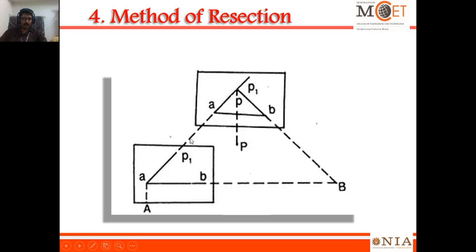So already we have drawn this ray, the AP1, and we have centered approximately over the point. We keep the alidade over here, sight the B and drop the line. If it meets here, that is the point, and it has to be transferred to the ground. This is the first method in the method of resection.